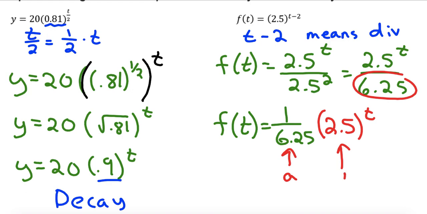Here's my b, and there's my x. So it fits our format. Since our b is 2.5, that's definitely bigger than 1. So it is still growth. So all we're doing is undoing properties of exponents and then calculating anything we possibly can and making it look like y equals a times b to the x.